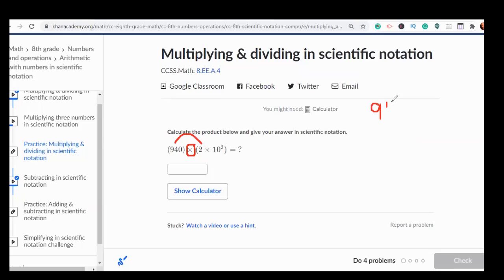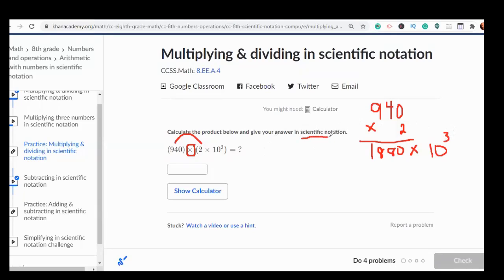So 940 times 2, you can do a little scratch work on the side, or you can use a calculator, but that comes out to be 1880. And so we've taken care of the 940 times 2, but the times 10 to the third is still there, so let's put it back there. Now remember, this question asked us to give the answer in scientific notation.